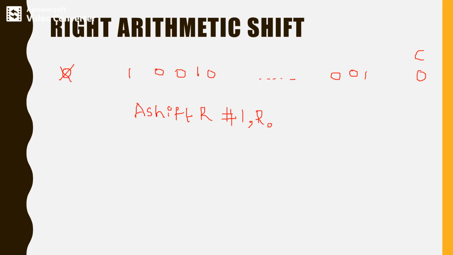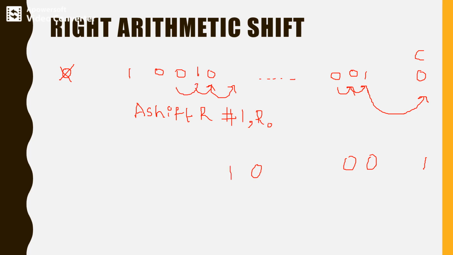So now while performing arithmetic shift right, this 1 will come to the carry location. So I am considering with carry 1. So this 0 will come to the previous location. This 0 will come to the previous location. So now here this 0 will come to the previous location. This 1 will come to the previous 0th location.